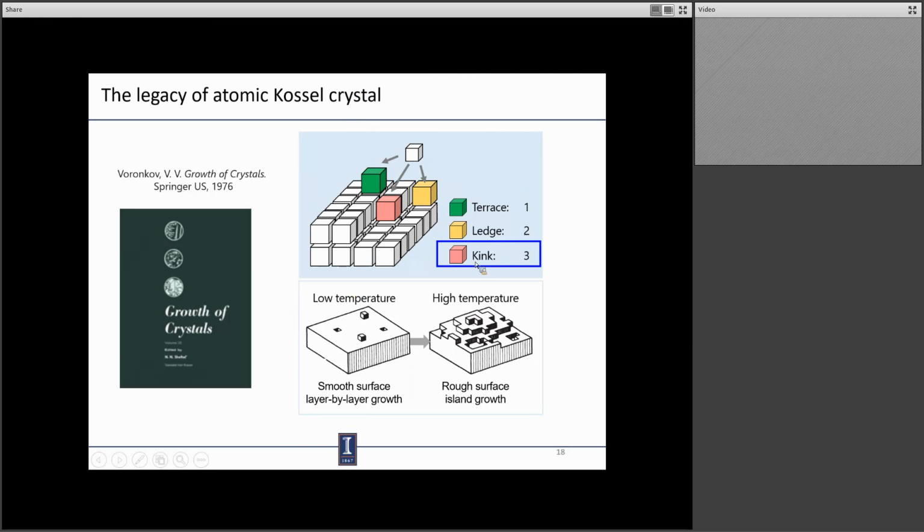On the top, when building blocks freely sample surface sites, they might encounter kink, ledge, and terrace sites on a cubic lattice, and eventually settle into the most stable kink site with the most coordination number. As a result, there's this tendency to complete one full layer before they grow another layer, which is consistent with what we saw.